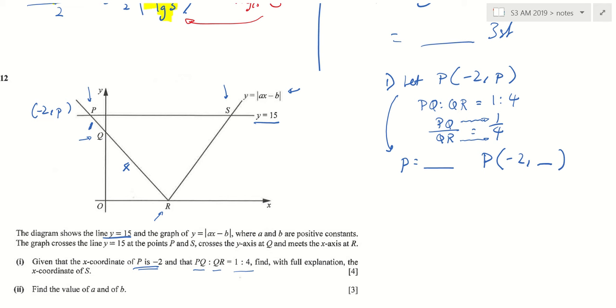And I know the number straight away. Do you know it is 15? Because it is y equals to 15, so it is already 15 straight away. I don't even know whether I need P or not. I just find first. 4 marks. Find the x-coordinate of S. Oh, they want to find this one.